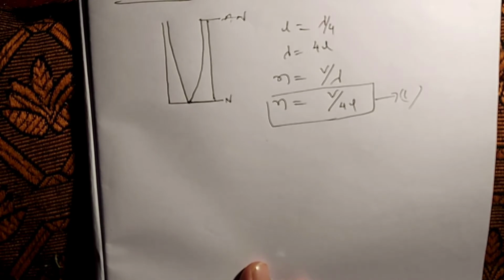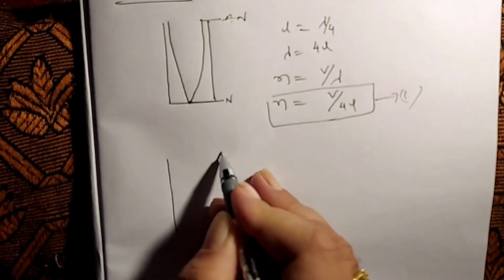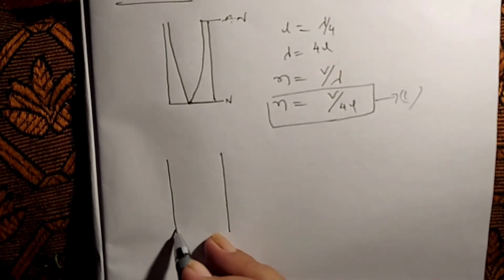Now we are going to discuss the second mode of vibration. Now the air column is made to vibrate such that two antinodes and two nodes are formed.